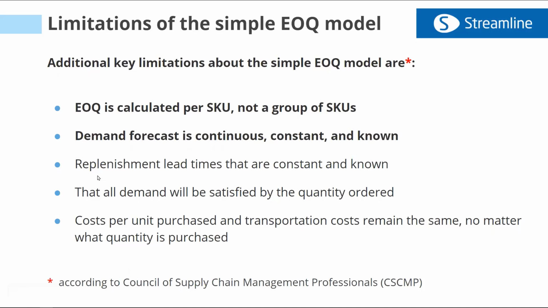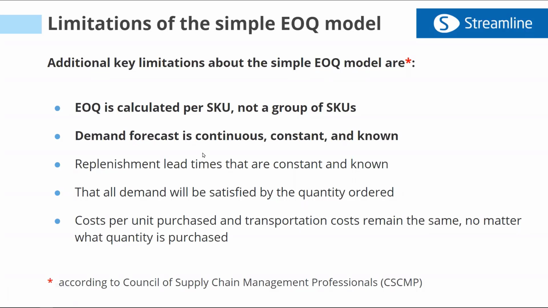Replenishment lead times are constant. Demand will be satisfied by quantity ordered, and cost per unit for purchasing and transportation remains the same no matter what quantity is purchased. So it doesn't take into account discounts.